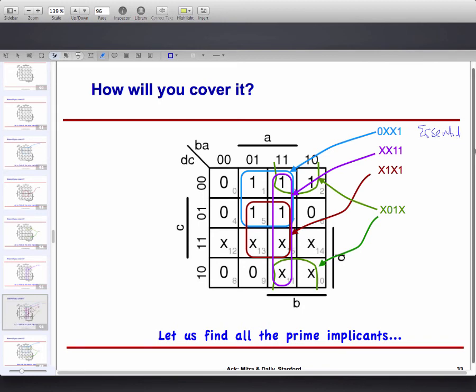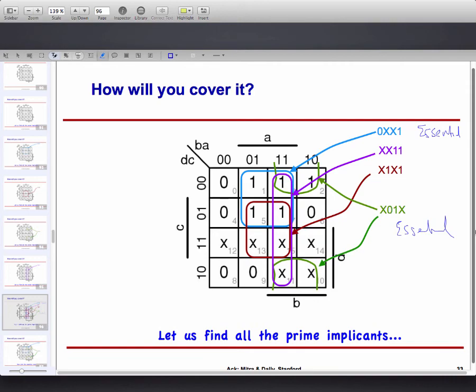Is there anything else essential? x01x, so that's the green one, and that's essential because that's the only one covering this top right. So this is essential. So first thing you do after you form those big clusters, find the essential ones. Those I need. So I need the 0xx1 and I need x01x.